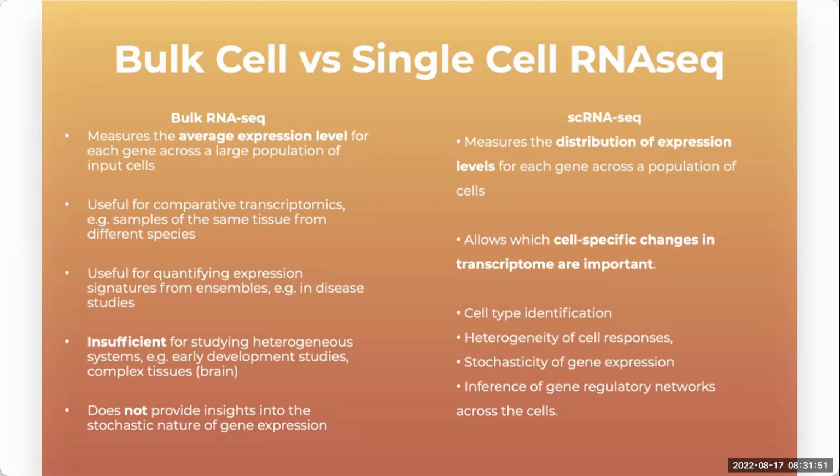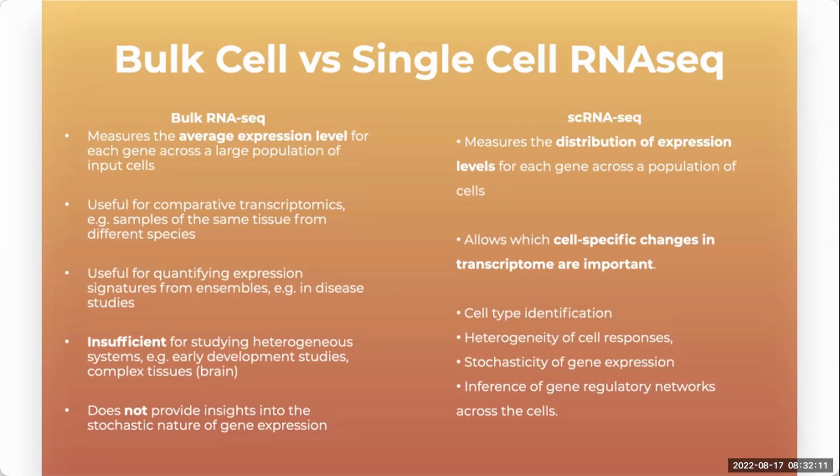So when you have a homogeneous sample, performing a bulk cell RNA-seq transcriptomics analysis to understand the expression patterns of these samples gives you meaningful results and meaningful understanding behind the biology governing these samples.